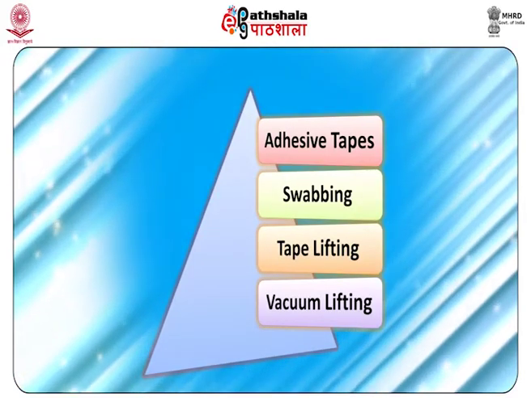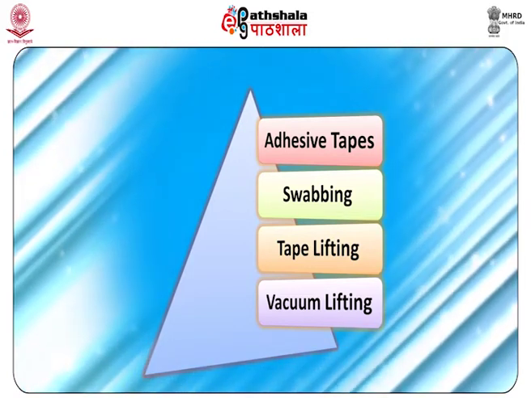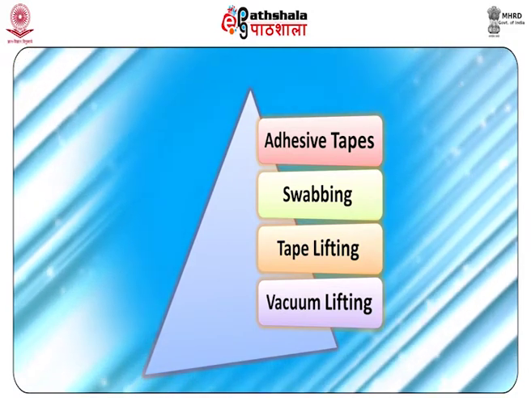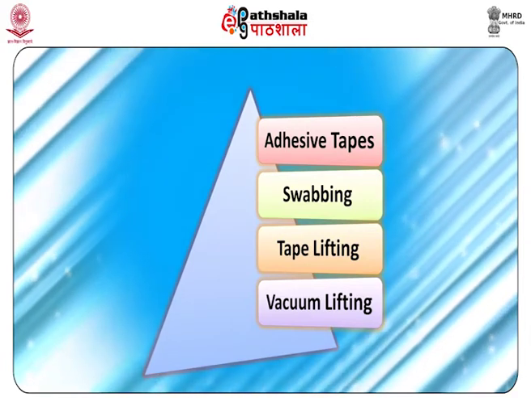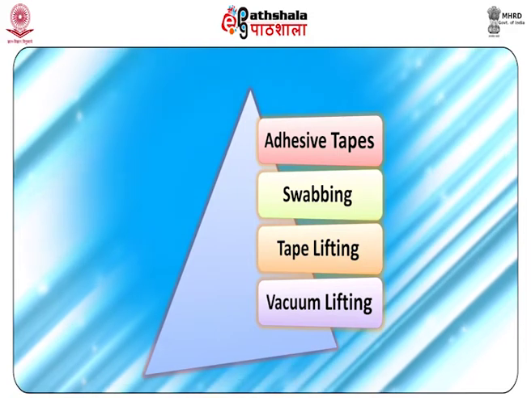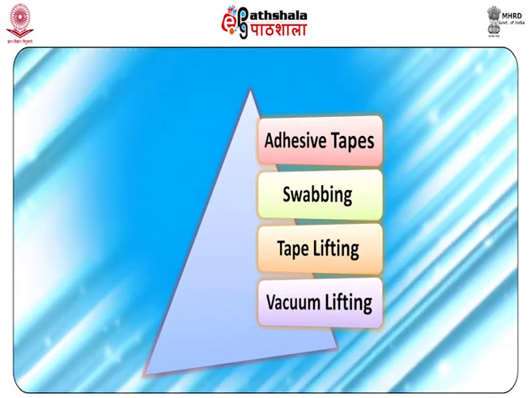The gunshot residue can be collected by several methods, like dry methods of collection of gunshot residue using the adhesive tapes, and the last one, for collection of organic residues, we use swabbing, tape lifting, and vacuum lifting techniques, etc.